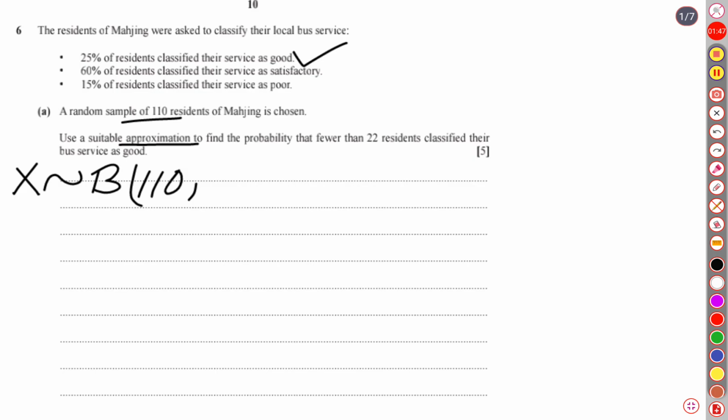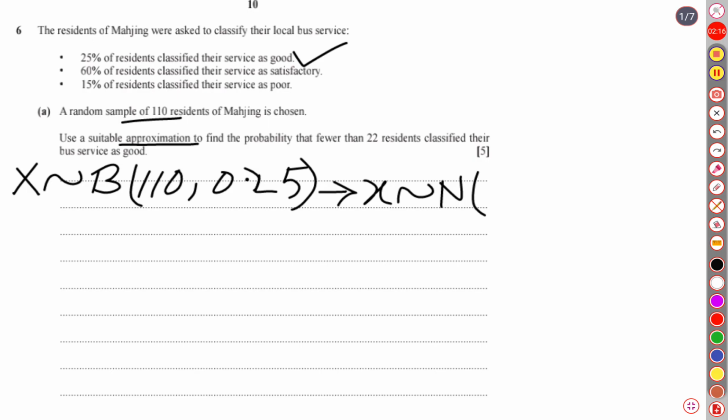So 25% means it's actually 0.25, and we have already decided that whenever the word approximation is mentioned, the distribution should be converted to normal distribution. So now X is our normal distribution, and the parameters for the normal distribution are mean as well as variance.